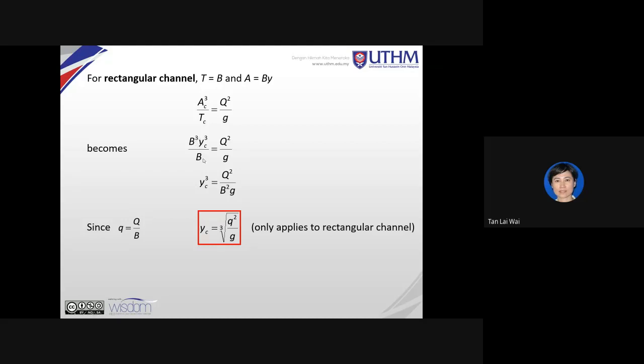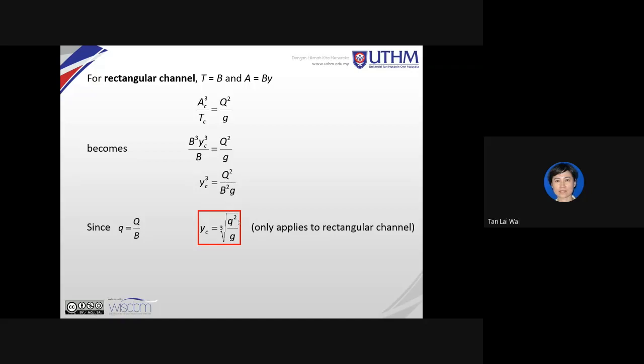I think I've shown this earlier, last class. So B to the cubic power divided by B, you are going to have B squared, which I move to the right. Therefore you have this, right? So I only have Y to the cubic power left on the left side. So Q squared over B squared is the discharge per unit width squared.